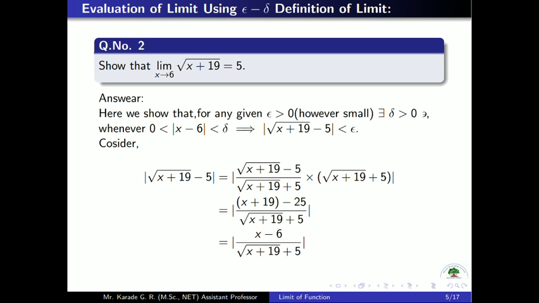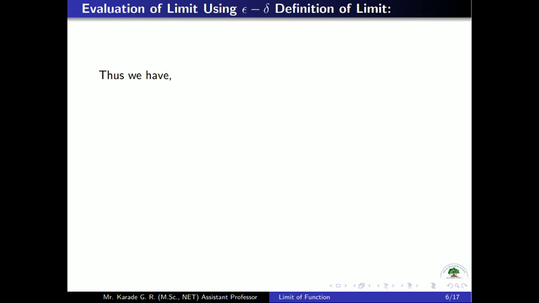Divide and multiply by square root x plus 19 plus 5. In the numerator we have x plus 19 minus 25, which is x minus 6, divided by the denominator, square root x plus 19 plus 5.